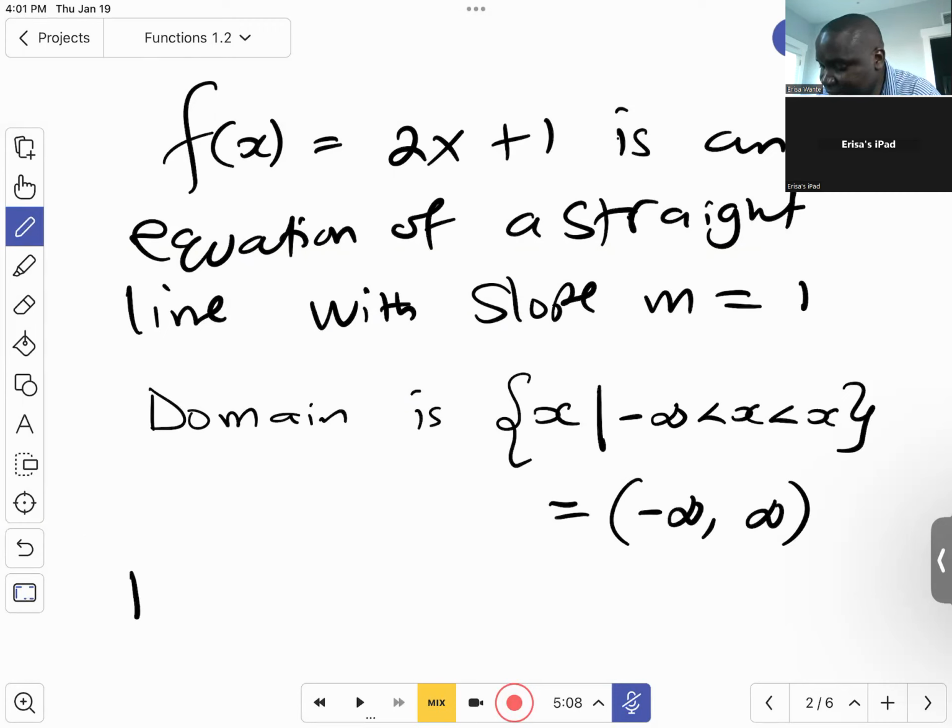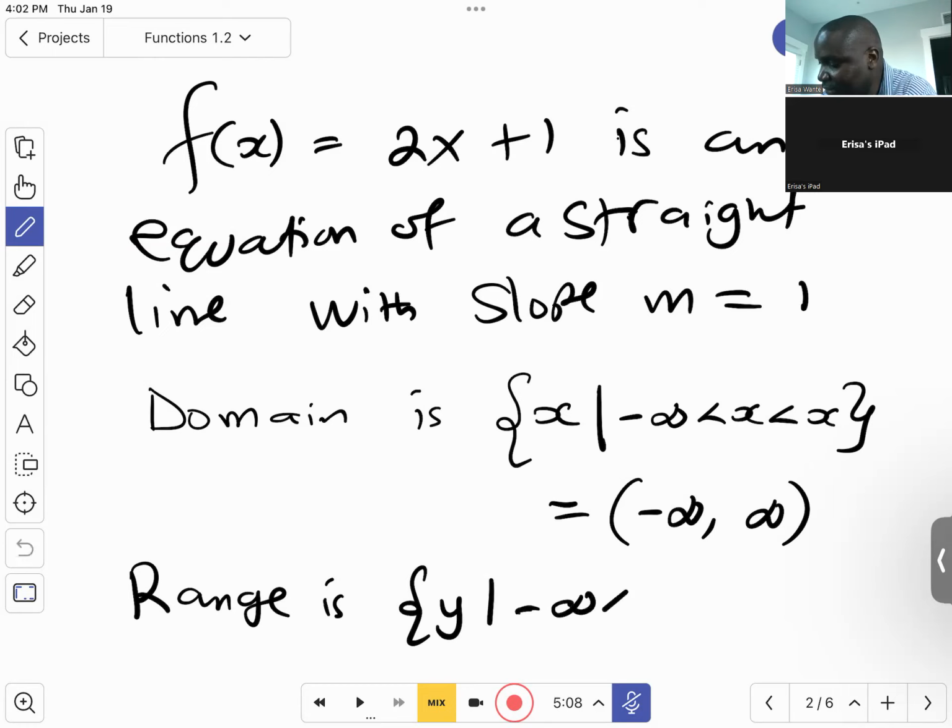The range is also the same thing. It is the set of y values such that y ranges from negative infinity to positive infinity.